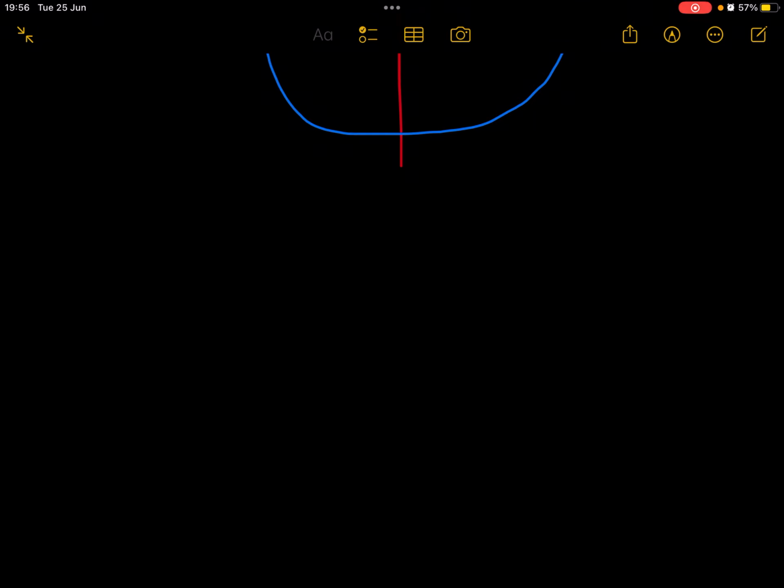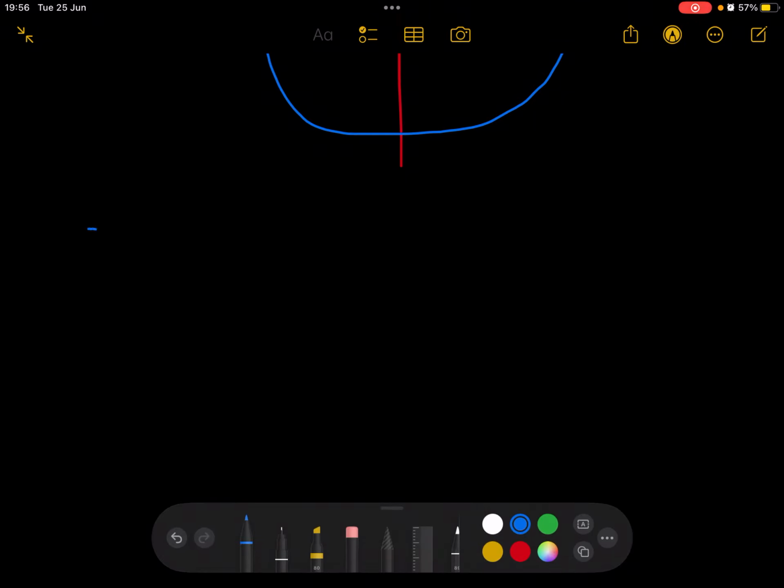The trig functions we're going to look at are the 3: sine, cosine, and tangent, which in short become sin, cos, and tan.